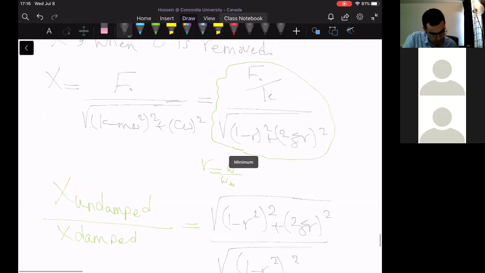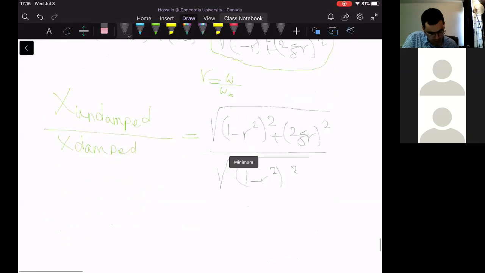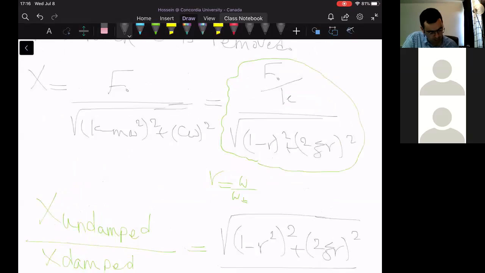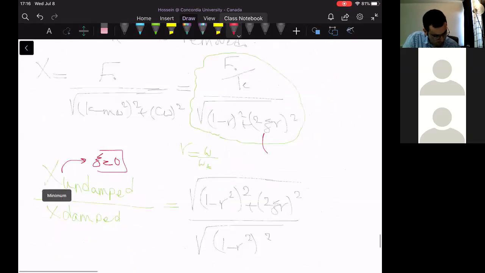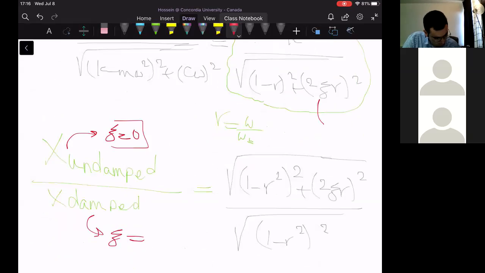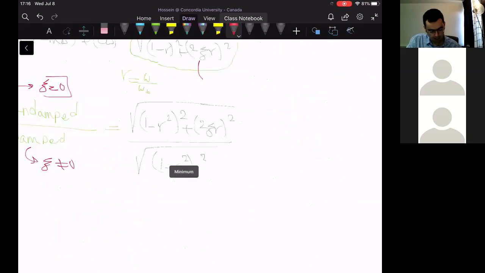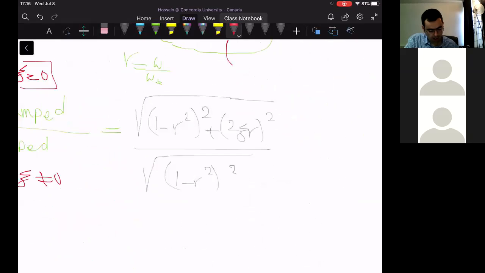In the undamped case we don't have zeta; you just put zeta equal to 0. But for a damped case zeta is not equal to 0. If you divide the two formulas together, you reach this equation, and you basically just plug in R and zeta. If I have R and zeta, I can find X undamped over X damped.